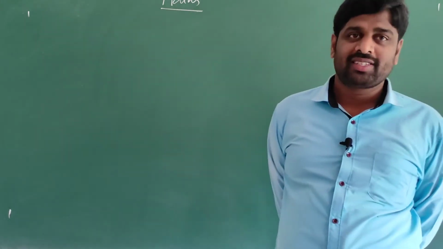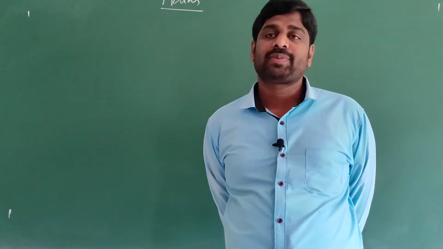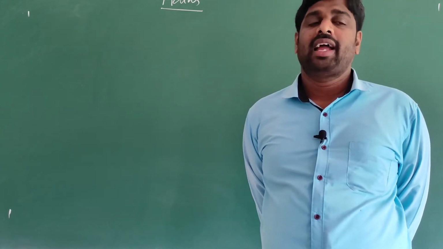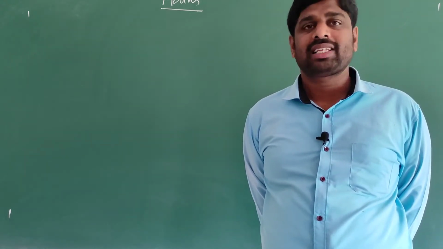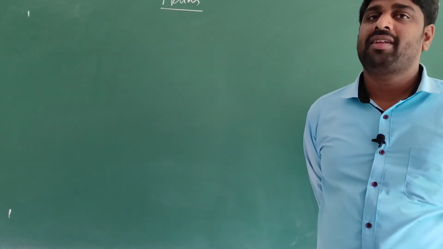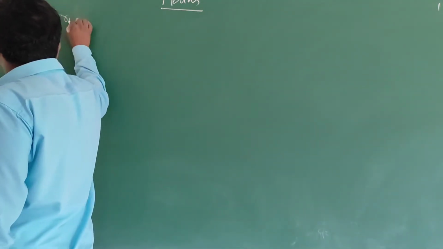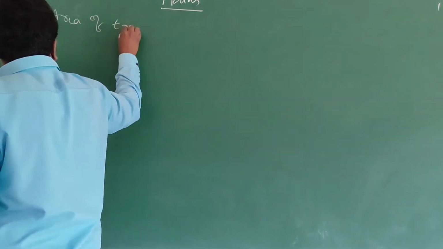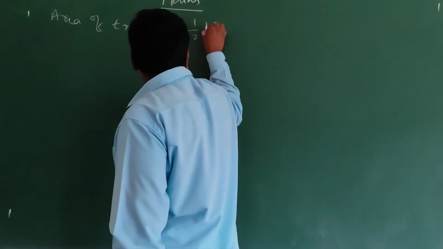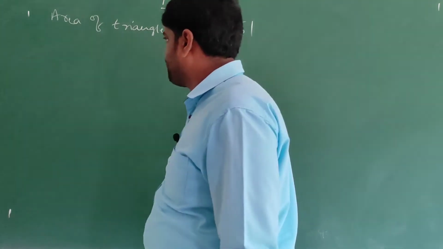Welcome to today's class. In the last class we already discussed the cross product of two vectors. I gave a brief explanation of the cross product of vectors, but in this class I will repeat the formulas once again. The area of a triangle is half into the magnitude of a bar cross b bar.